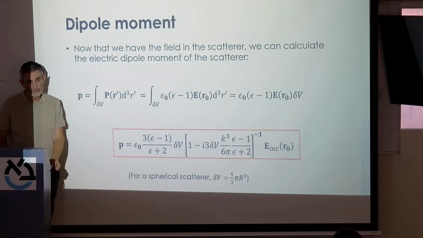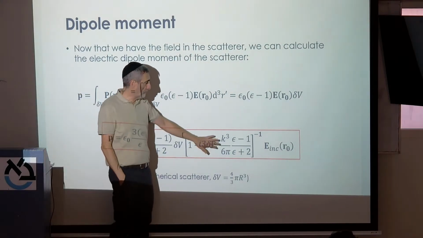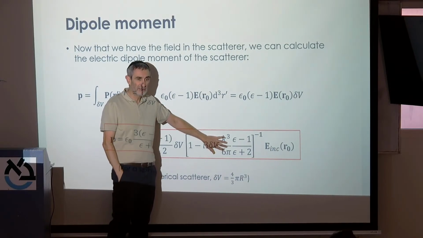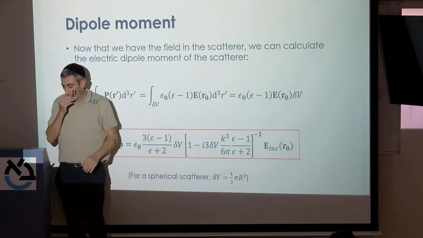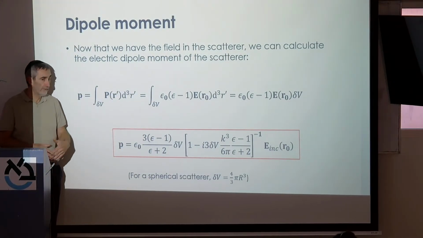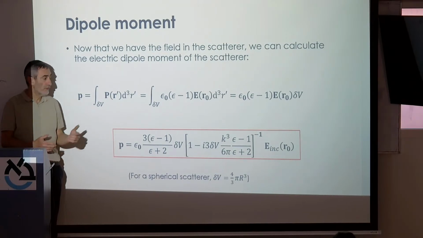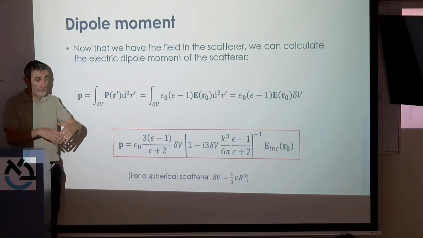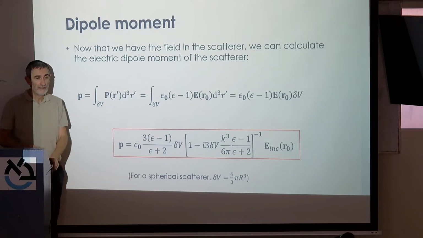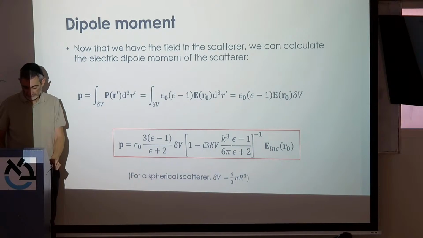The second term is a perturbation, but it's necessary. You cannot ignore it, and I'm going to show you why. You have to take into account the loss. Actually, you will see next that this loss, the radiation, is responsible for the scattered field. Otherwise, you don't have any scattered field.